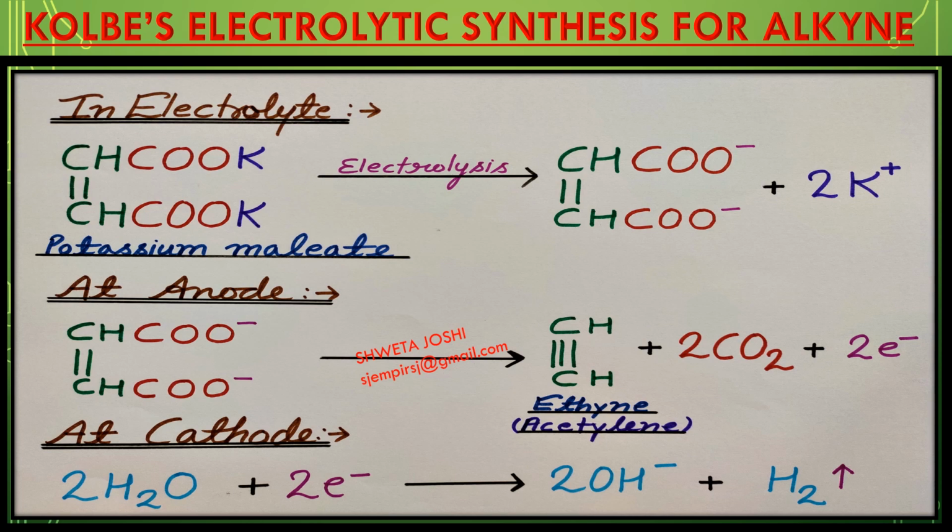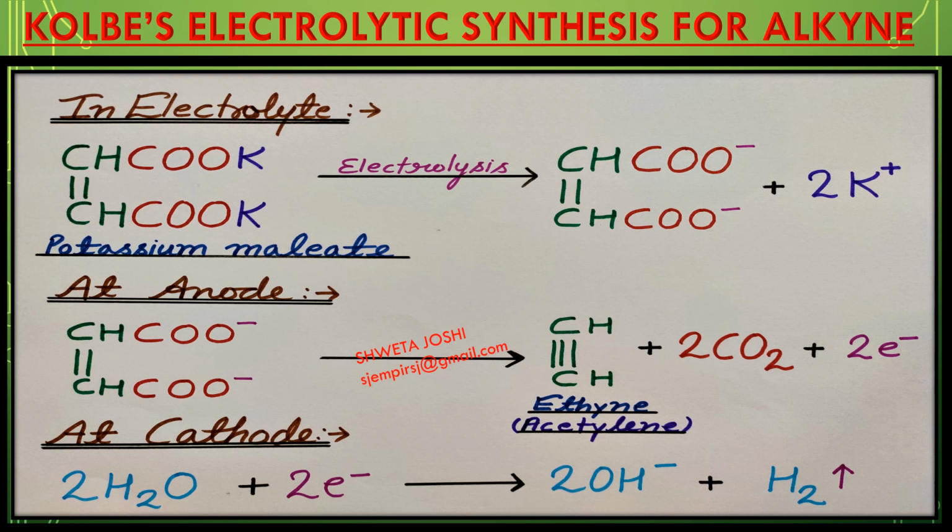Now covering Kolbe's electrolytic synthesis for the preparation of alkyne. In this case, we require unsaturated dicarboxylic acid salt of sodium or potassium. For this example, we are going to take potassium maleate. Upon electrolysis, it will yield positive and negative ions.